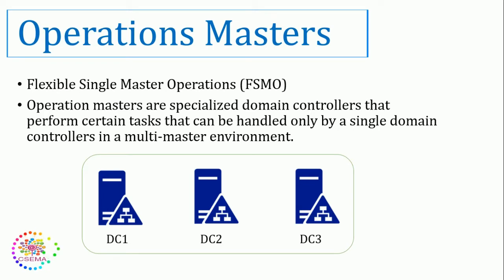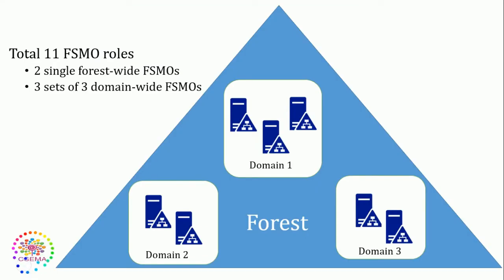What is the operations master? It is basically also known as the FSMO role owner or the flexible single master operations. Operation masters are specialized domain controllers that perform certain tasks that can be handled by a single domain controller in a multi-master environment. So suppose we have three domains in a single forest. A forest is basically a collection of domains that share the common ADDS servers.